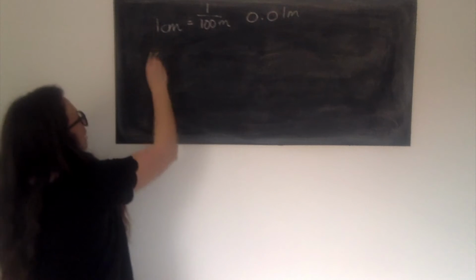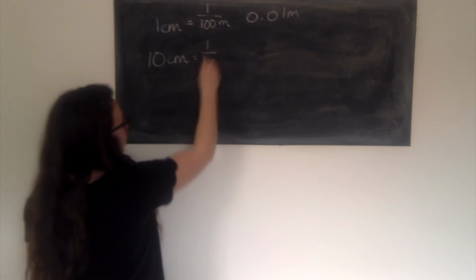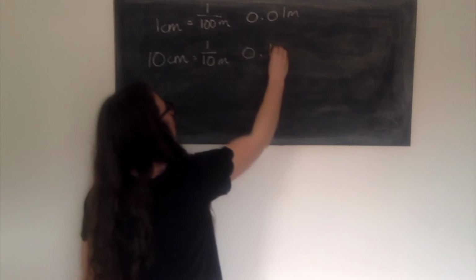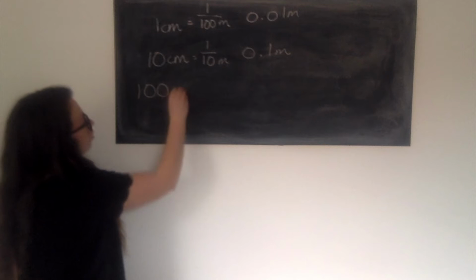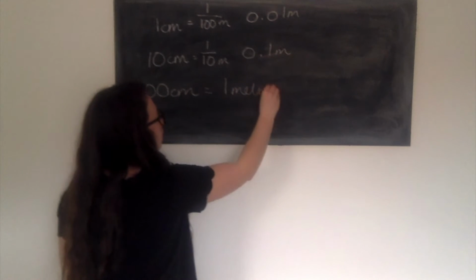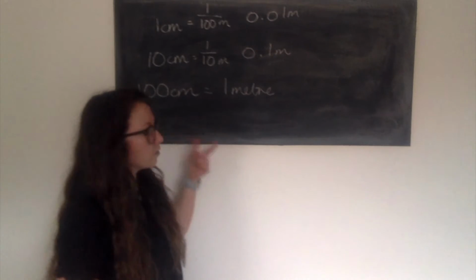Let's think about 10 centimetres, so 10 times as big. So now that's 1/10 of a metre or 0.1 of a metre. 10 times bigger again, 100 centimetres is equal to 1 metre. Okay, and that's really crucial to what we're going to be needing today with our conversion.